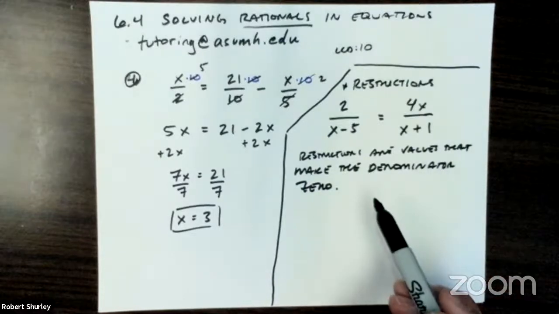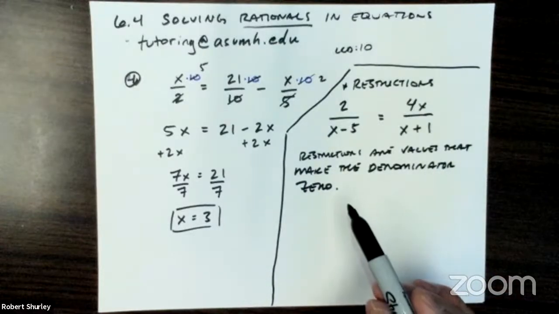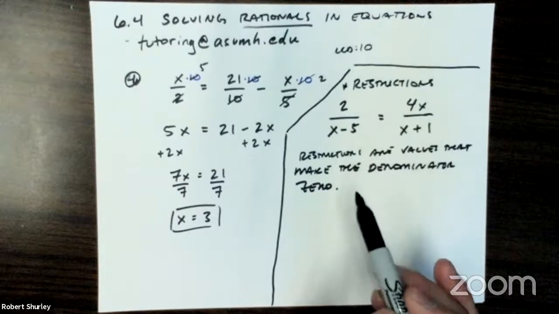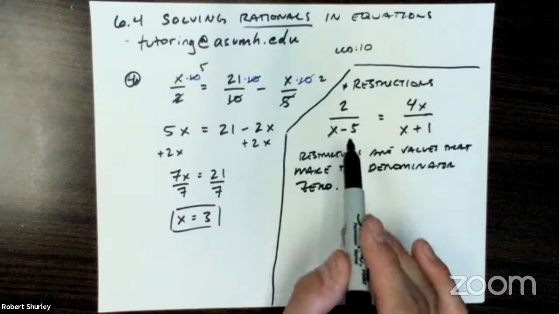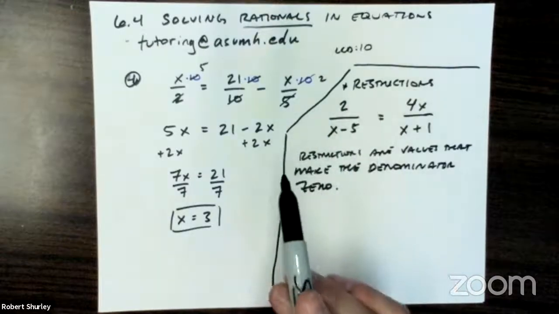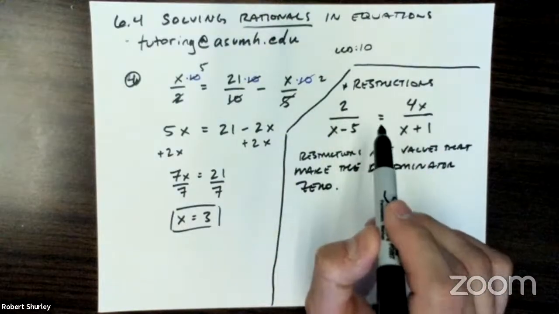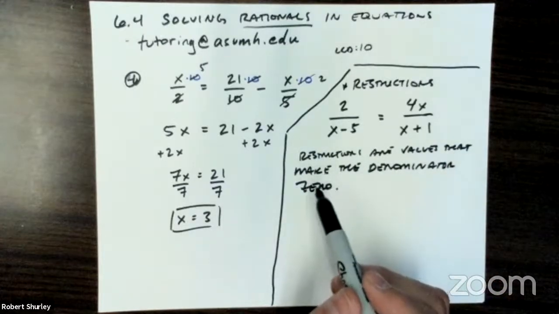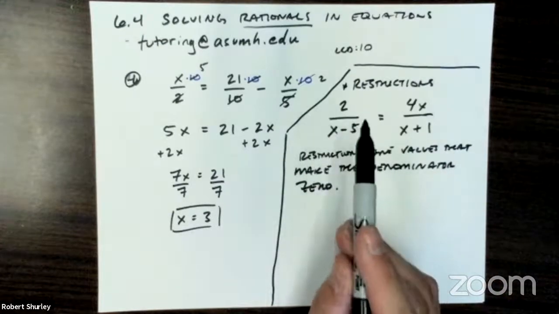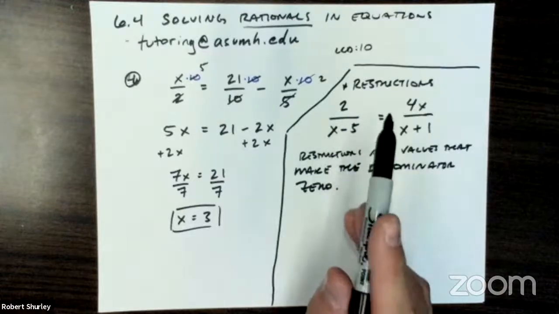And actually, if you divide by 0, remember this is like in the slope section, if you divide by 0, you wind up with an undefined. Like if this was 2 over 0, this whole fraction will be undefined, and then you can't solve for it. Okay? So we've got to find restrictions that make this denominator 0. And if we have one, that means that x can't be that value.